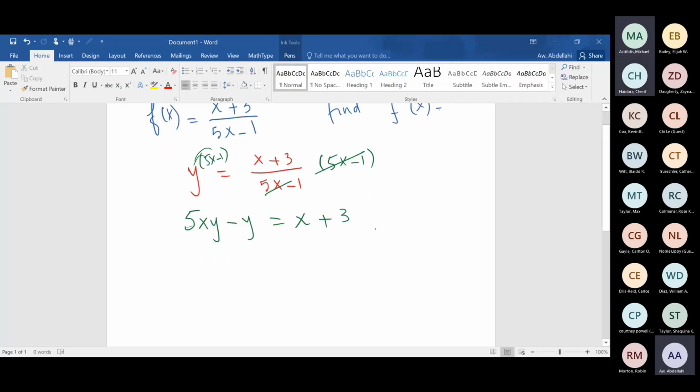We subtract x from both sides, and at the same time we add y to both sides, because I want to get the x terms on the same side.